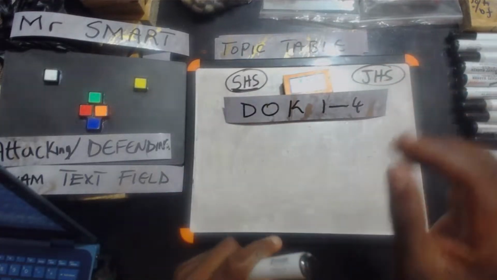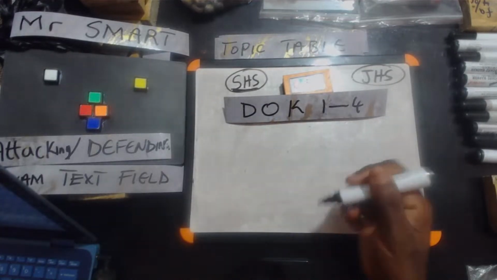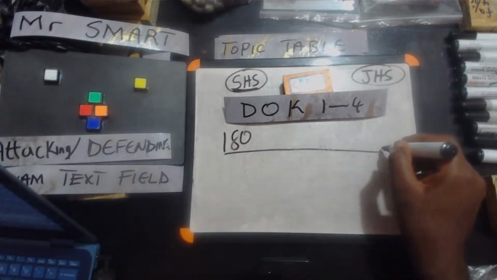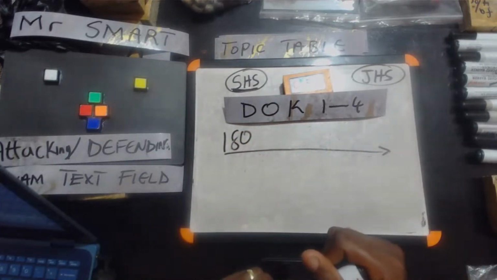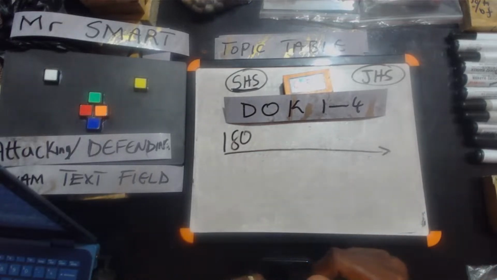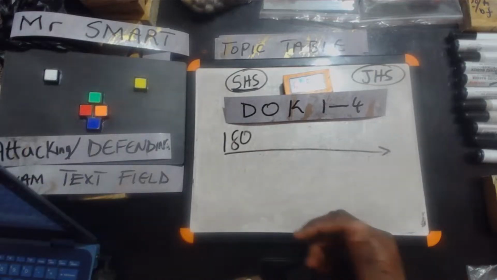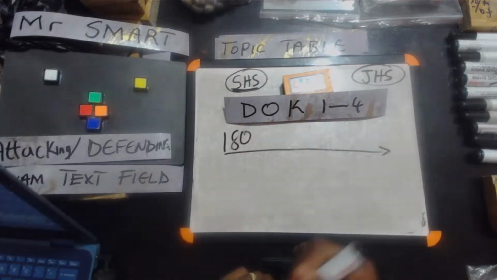The DOKs are the depth of knowledge. Remember, we have 180 topics to cover through all your subjects. Let's say you have roughly the same number of topics in SHS; you can do the exact calculation.